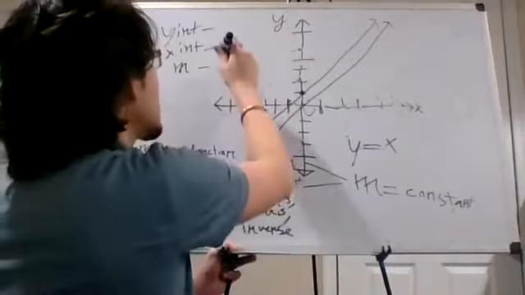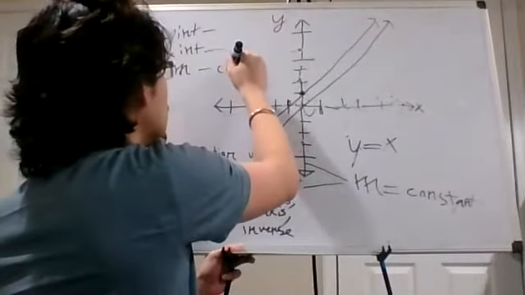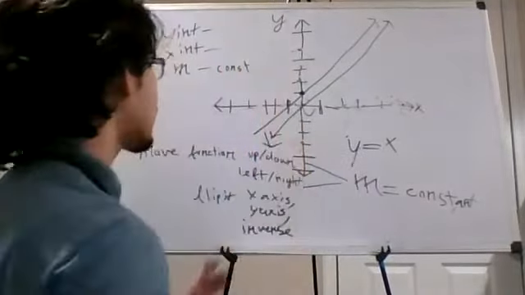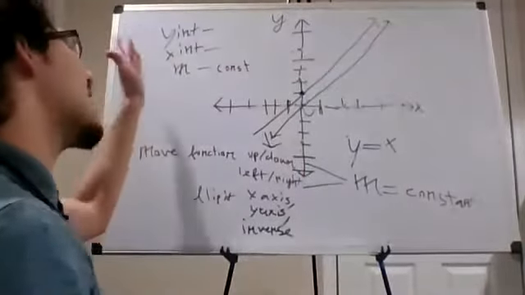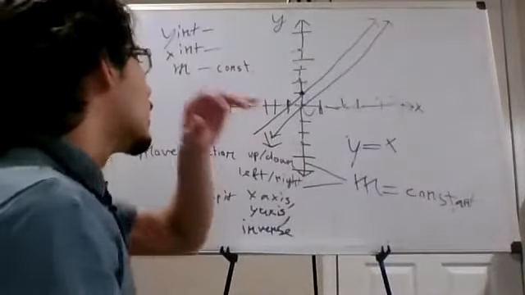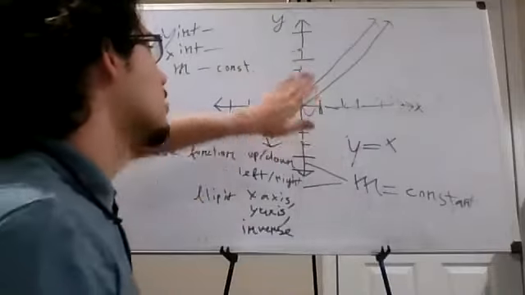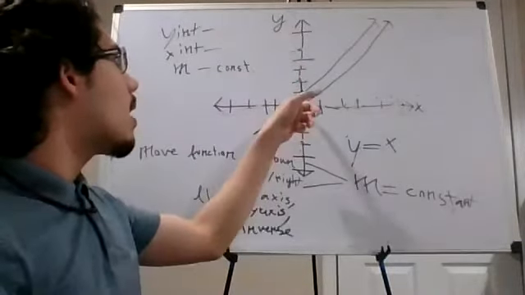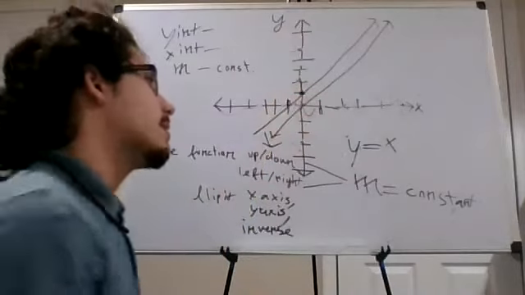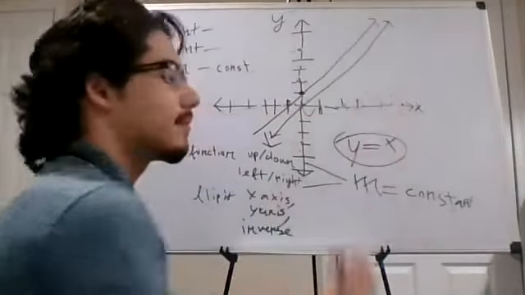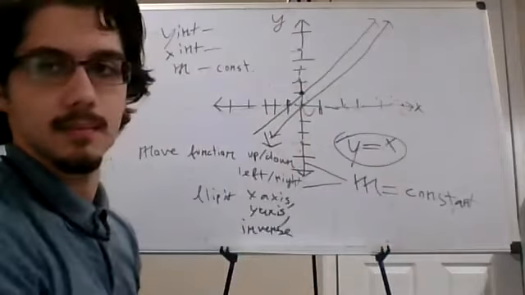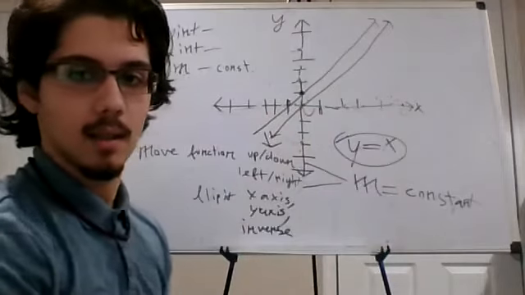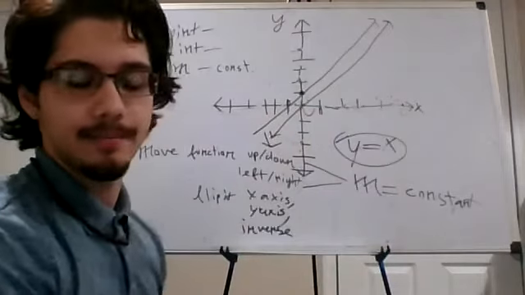So we know that the slope stays constant. It's just that the y-intercept and the x-intercept change because the line is located on a different part of the graph. So what do we know about the y-intercept and x-intercept of y equals x? Perhaps Mr. Raymond?